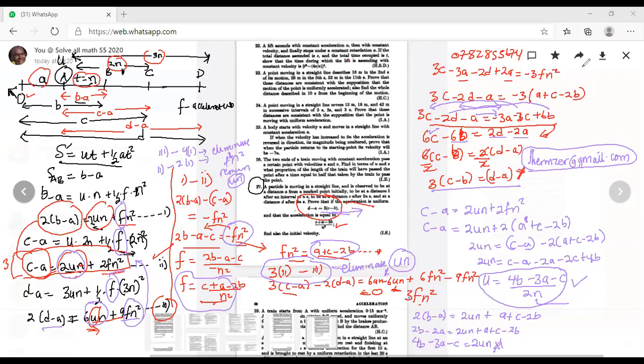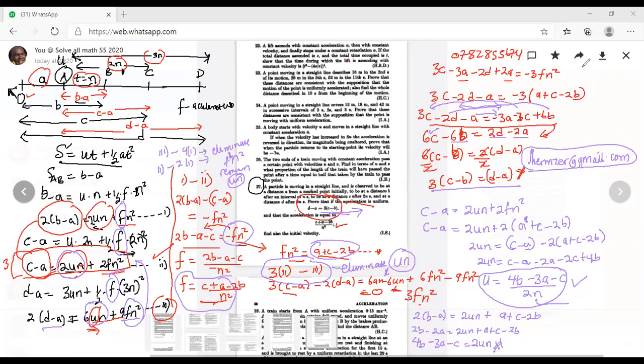Now, this question was saying, prove that if the acceleration is uniform. "If" means we already know that the acceleration is uniform. We already know that.